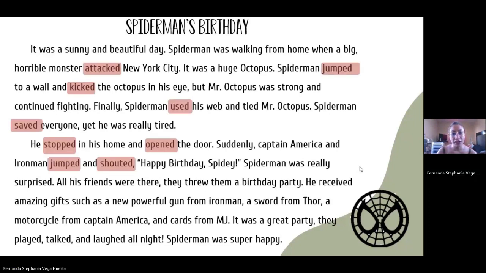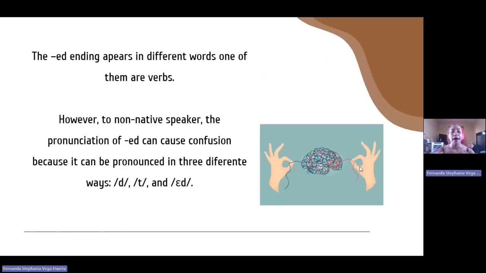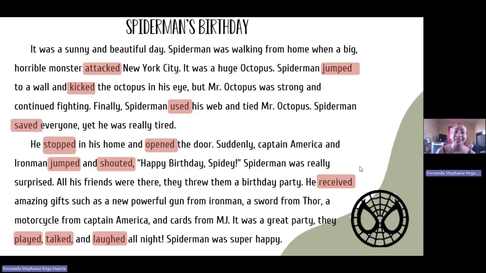Right here you can see it, and it helps them to start focusing on those specific verbs, the ed endings, how they're supposed to pronounce them, and also to see what their struggles are at the beginning of the class.